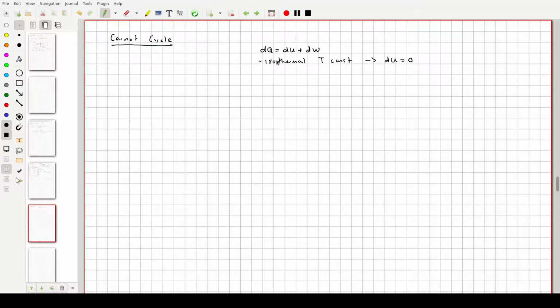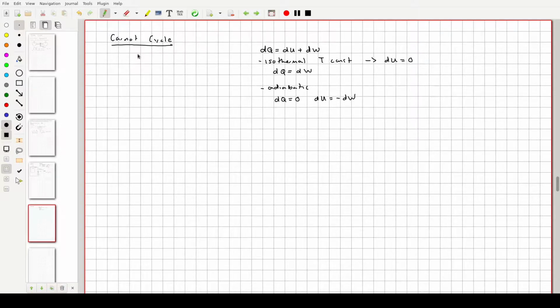So for an isothermal process, the heat that is going into or out of the system is related directly to the work. Now, in an adiabatic situation, though, what happens is that dq is equal to 0. And in that situation, du is equal to minus dw. All right.